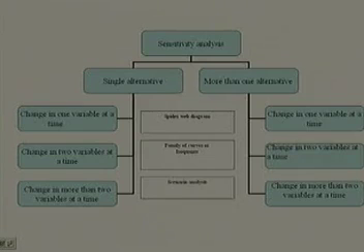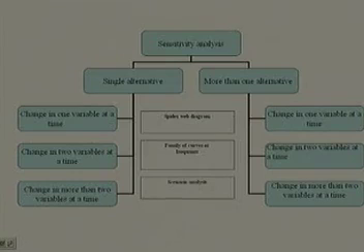So, as you can see from this slide, sensitivity analysis can be performed mainly for two types of problems. One involving a single alternative, second involving more than one alternative. In single alternative, we have three cases. Case 1, change in one variable at a time.